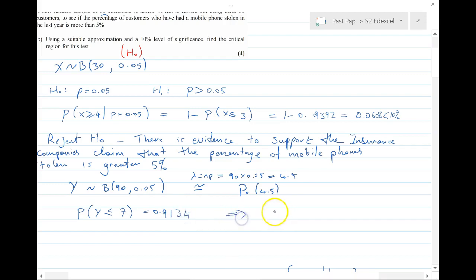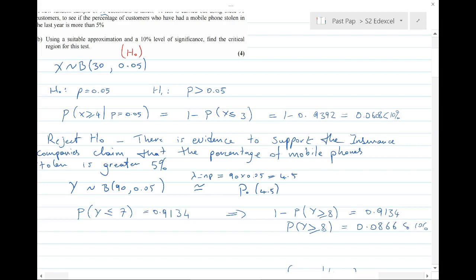That means that 1 minus the probability that y is greater than or equal to 8 is equal to 0.9134, which gives us the probability that y is greater than or equal to 8 is equal to 1 minus 0.9134, which is 0.0866, which is less than our 10%. And that gives us our critical region, because if we went for the one below that, it becomes, sorry, it's not greater than 10%, of course, less than 10%.